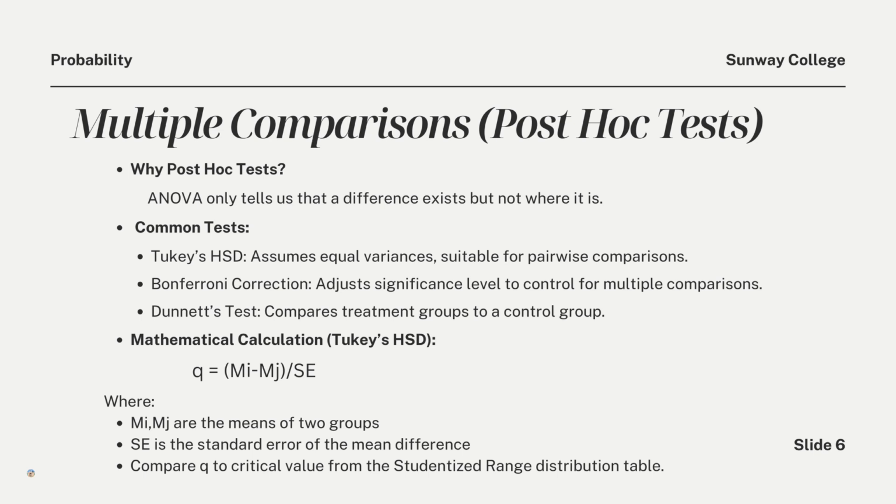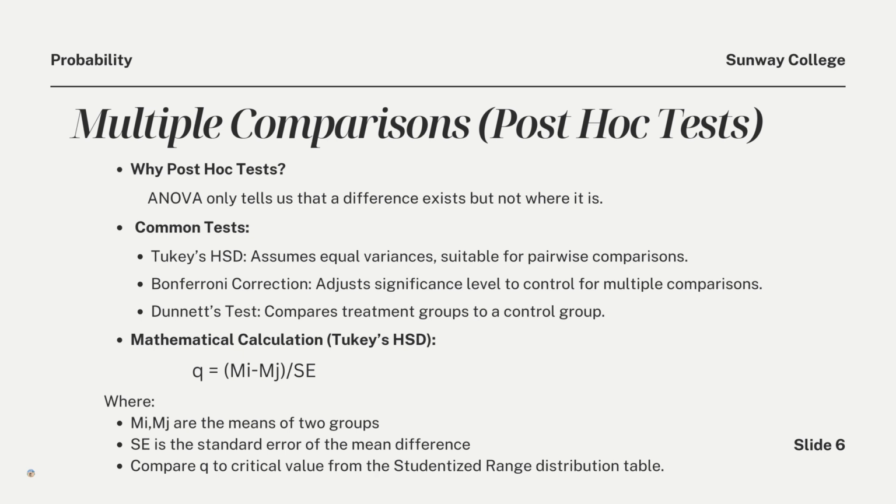Common post-hoc tests include Tukey's HSD test, which is ideal for pairwise comparisons and assumes equal variances. Bonferroni correction, which adjusts the significance level to prevent type I errors when performing multiple comparisons. Dunnett's test, which compares each treatment group to a control group.